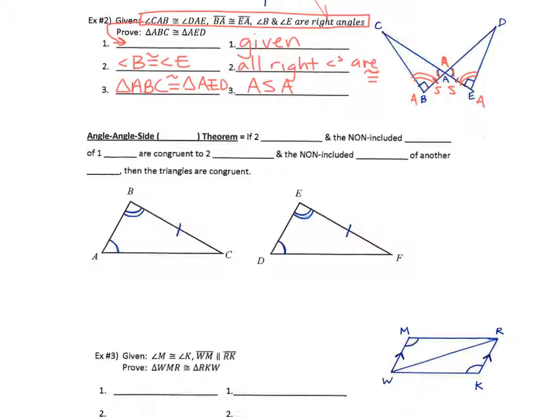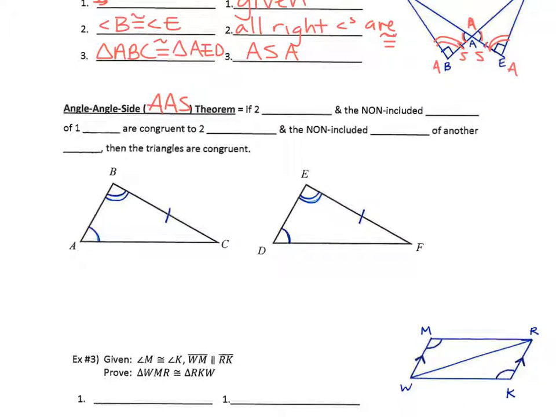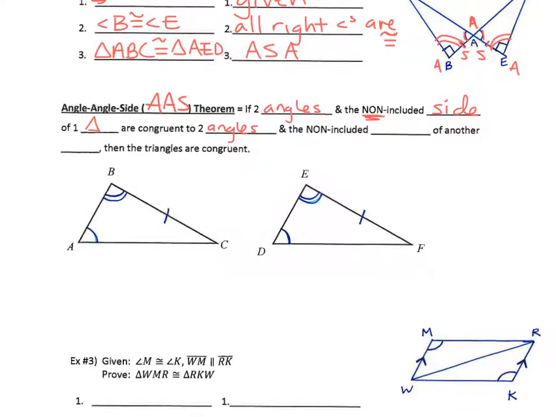Okay, the second shortcut, which is actually our fourth shortcut now, is angle, angle, side, or AAS. And this one says, if two what? What do we have two of in this one? Angles. If two angles and the non-included side of one triangle are congruent to two angles, and I left a word out here that is very important.